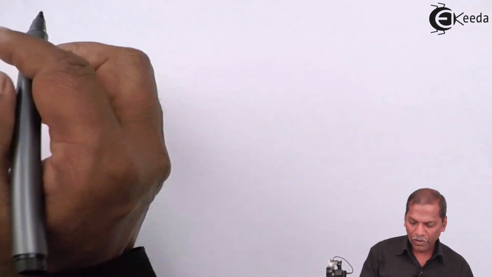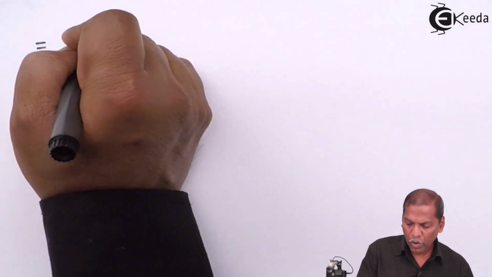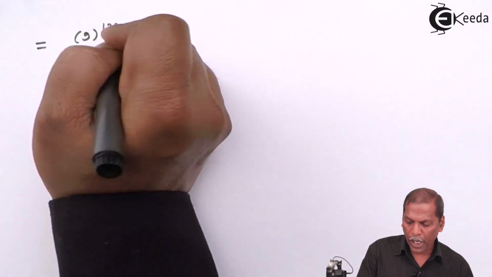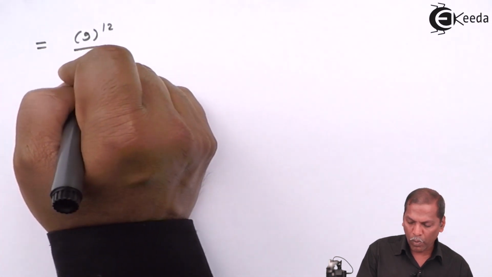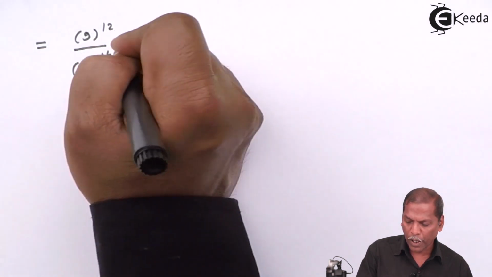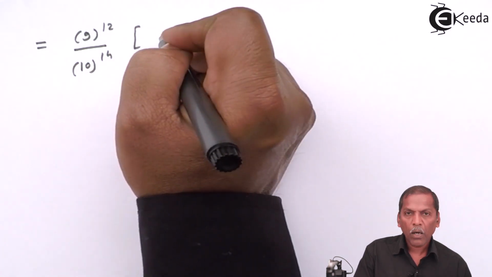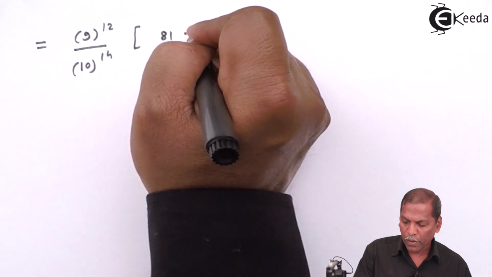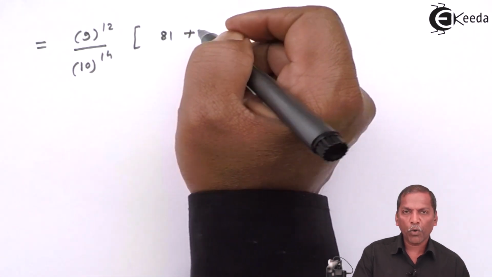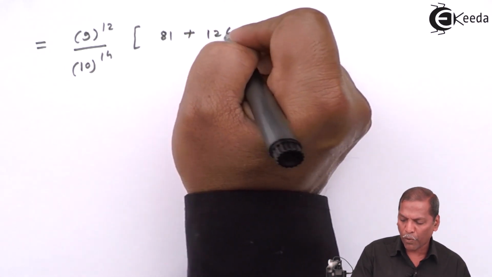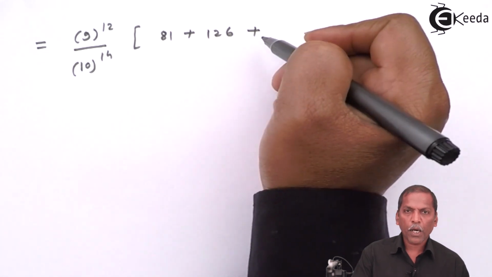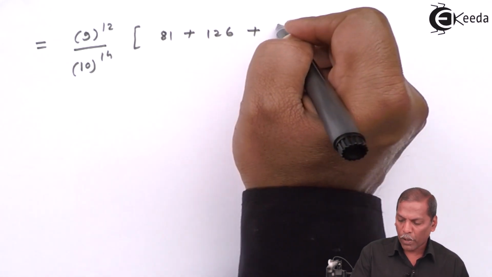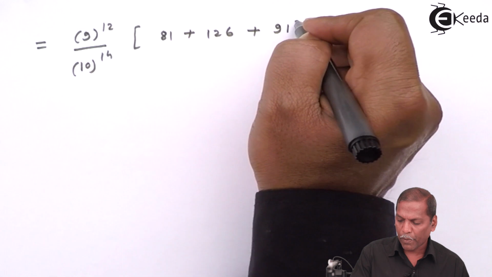So on simplifying further, we get 9 raised 12 upon 10 raised 14 in bracket. Now 9 square gives us 81, plus 14 into 9 gives 126, plus 91 into 1, that is 91.